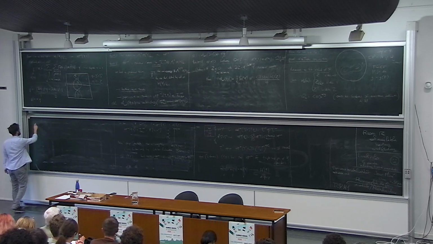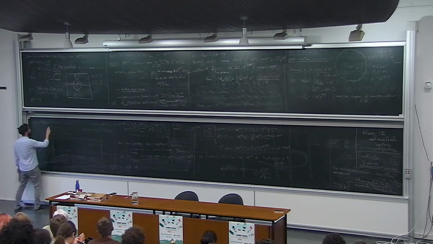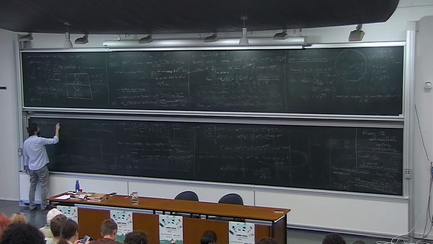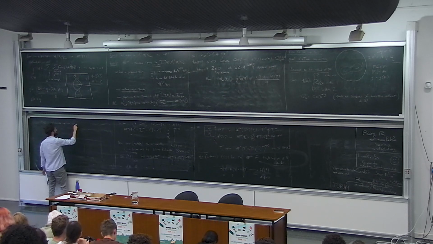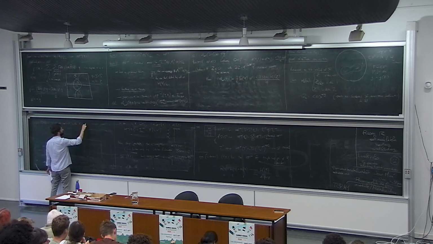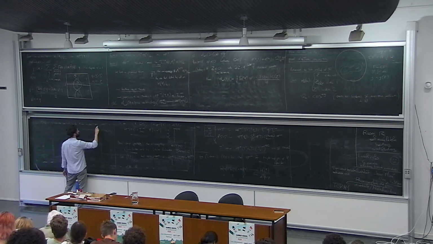So the boundary of W is an S1 bundle over F, of genus G, with Euler number equal to minus d squared.